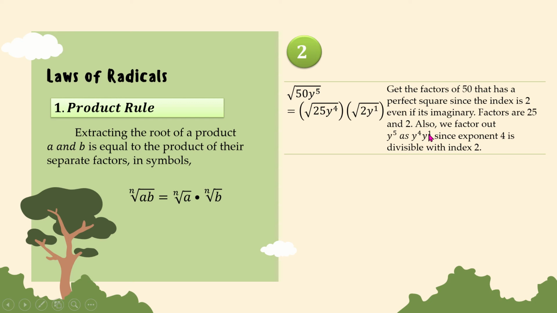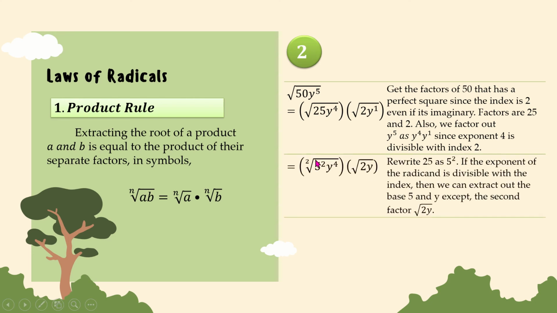Okay, 4 plus 1 is 5. Since exponent 4 is divisible by index 2, we rewrite 25 as 5 squared. Then, if the exponent of the radicand is divisible by the index, then we can extract out the base 5 and y, except the second factor, square root of 2y.